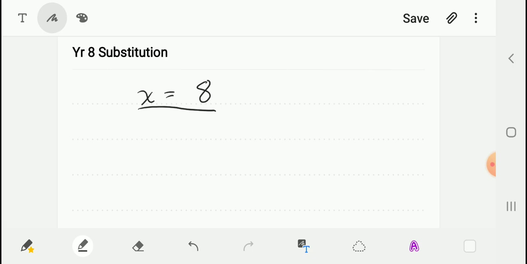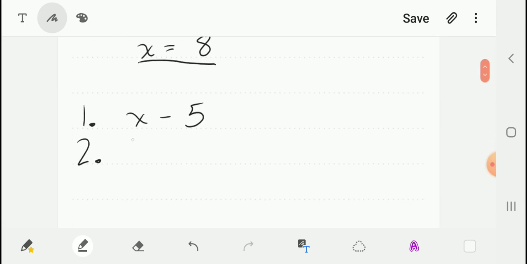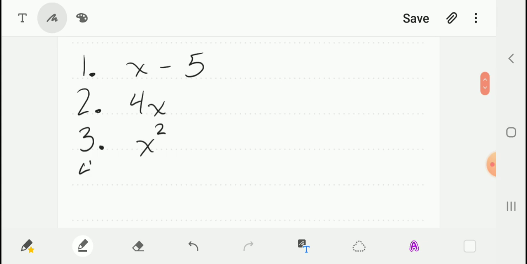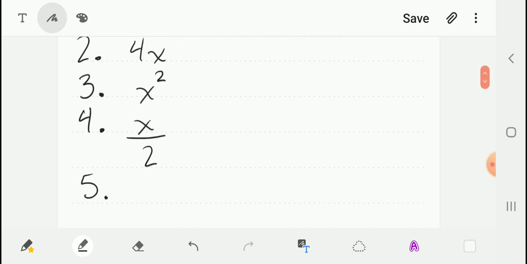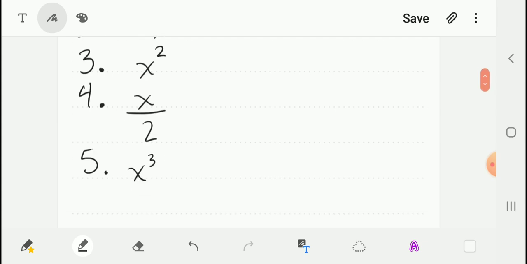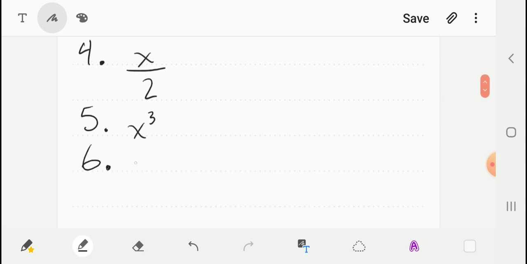Okay, so x equals 8, and then we're given a bunch of expressions, like let's say we've got x minus 5, let's say we've got 4x, let's say we've got x squared, let's say we've got x over 2, and let's say we've got x cubed, and let's say we've got square root x.